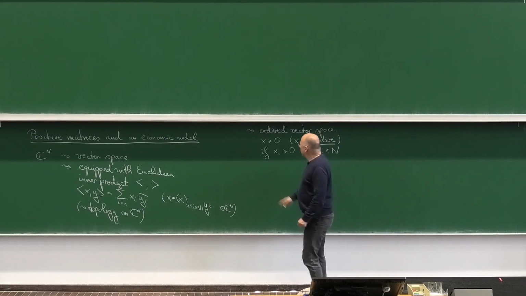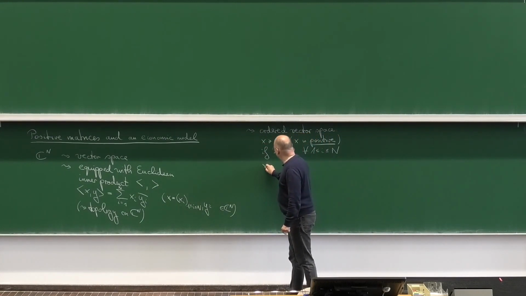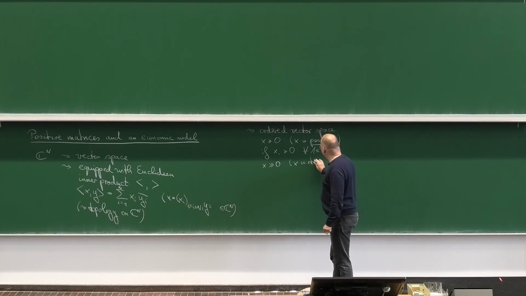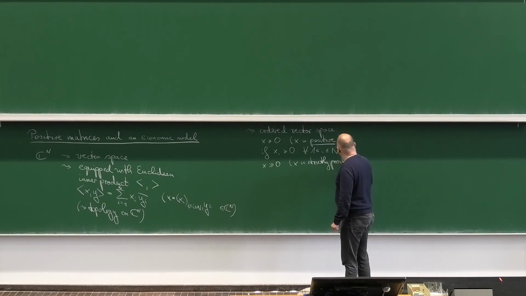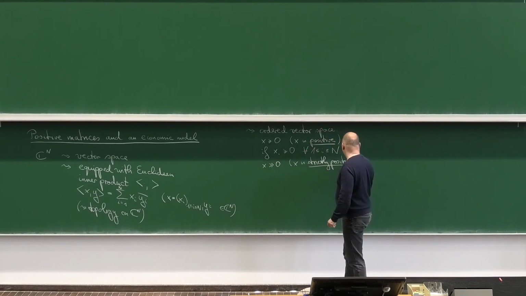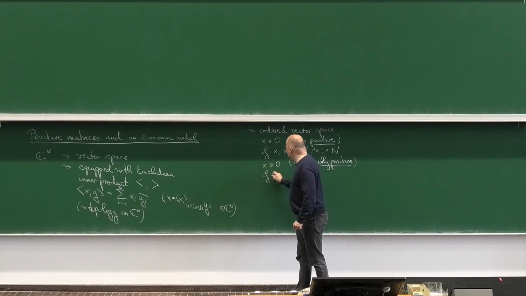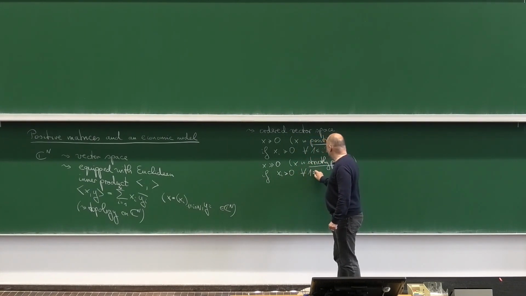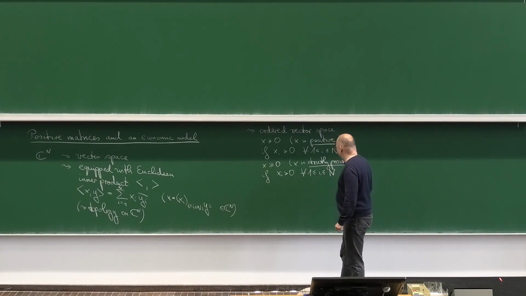We might also need this notion of strict positivity. I call it here strictly positive. And some people in literature use here only positive and say here non-negative, but I define it in this way. If all components are strictly greater than 0, and here again for all i between 1 and n.